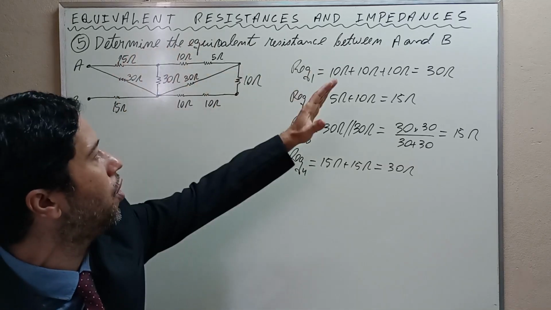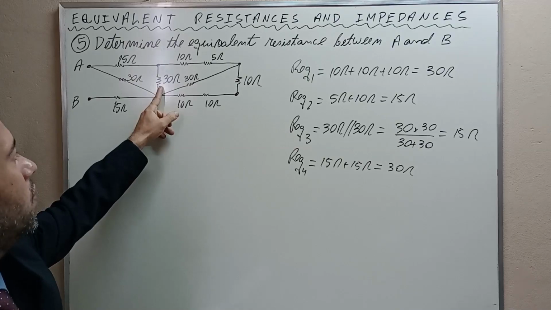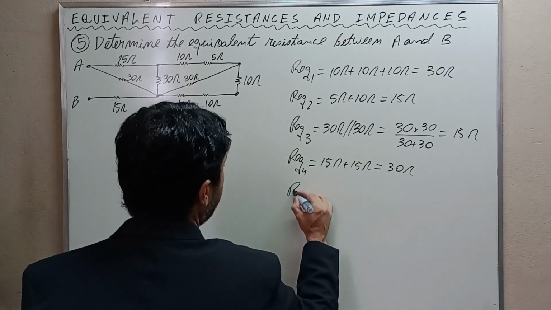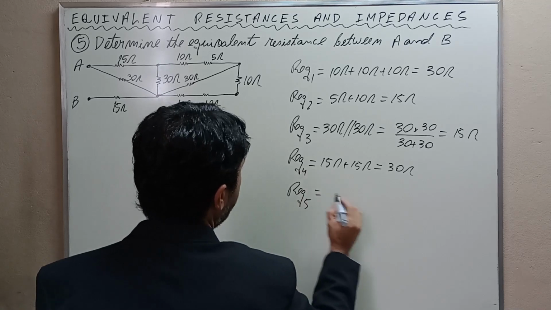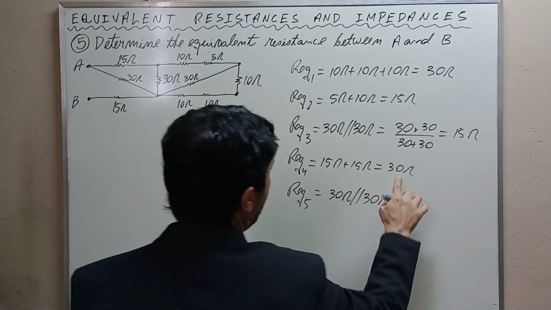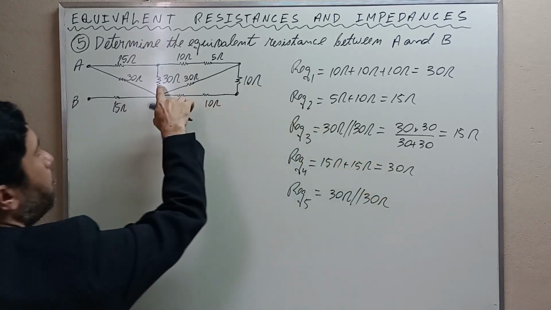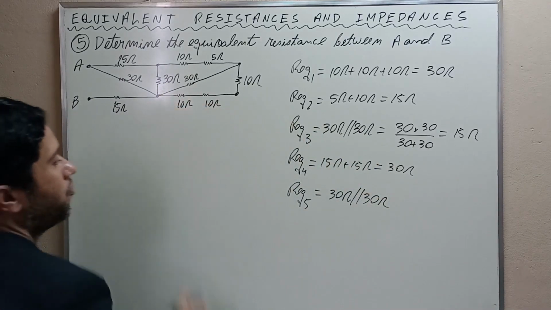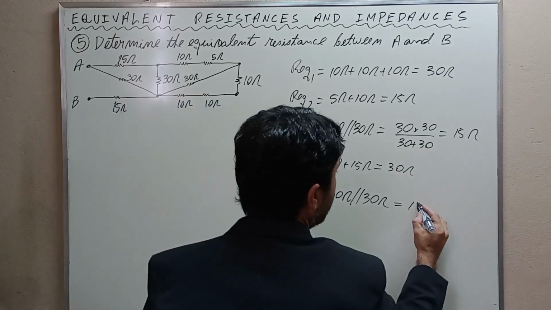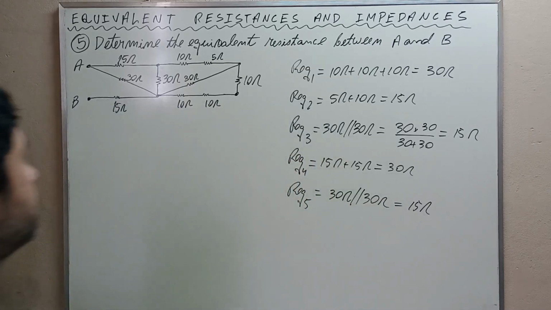It replaces all this and will be in parallel with this. Equivalent resistance number 5 will be 30 ohms in parallel with 30 ohms. This will be in parallel with this. And again, as we saw here, it is 15 ohms.